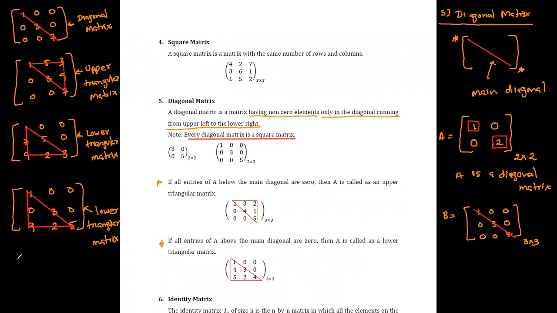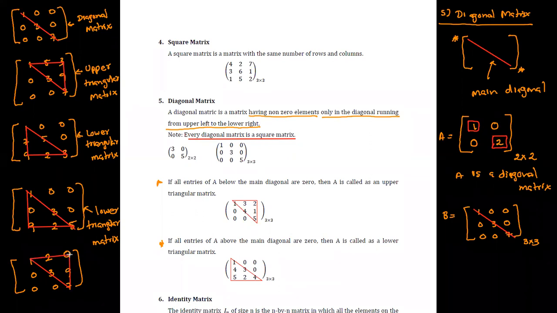If you look at this case as well, if you draw the main diagonal in this way, you can see that all the elements below the main diagonal are 0, and only some elements above the main diagonal are zeros, but others are non-zero elements.